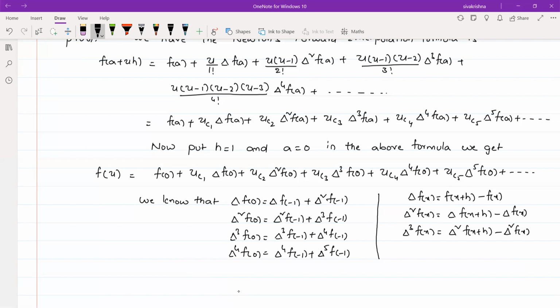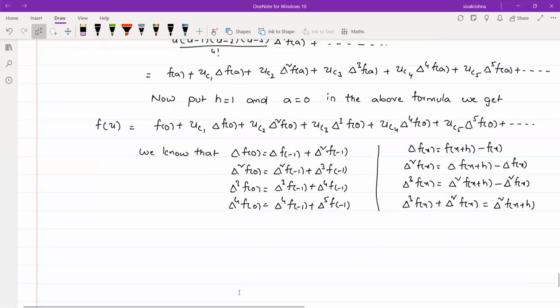Now the negative term on the RHS should be brought to the LHS, so that we get delta cube f of x plus delta square f of x is equal to delta square f of x plus h. In this equation we have to put x is equal to minus 1 and h is equal to 1.